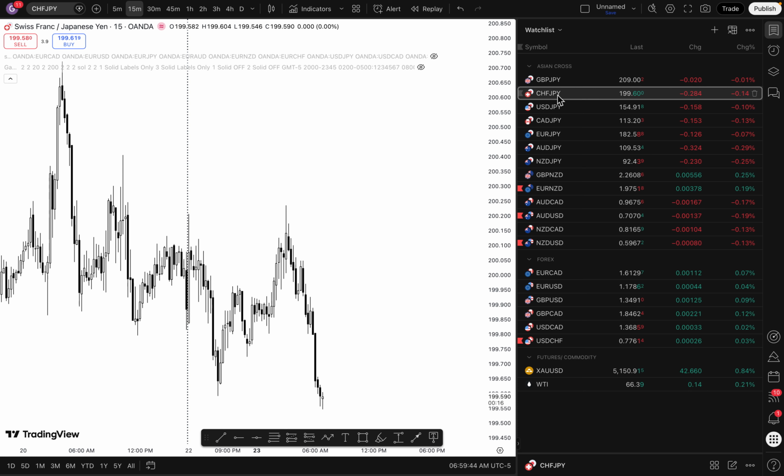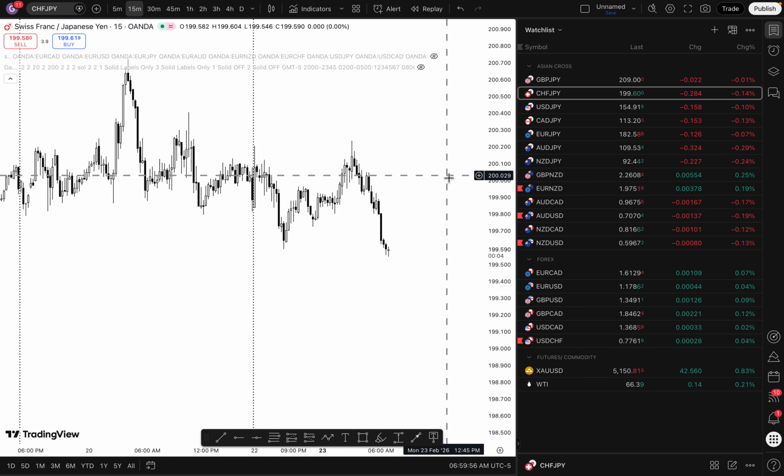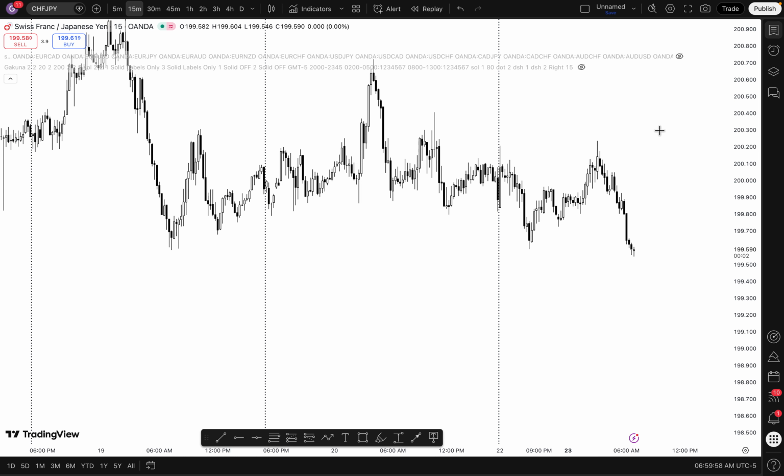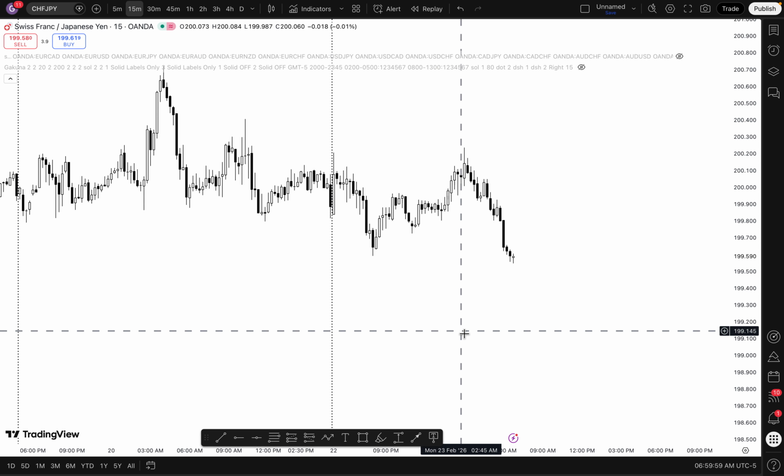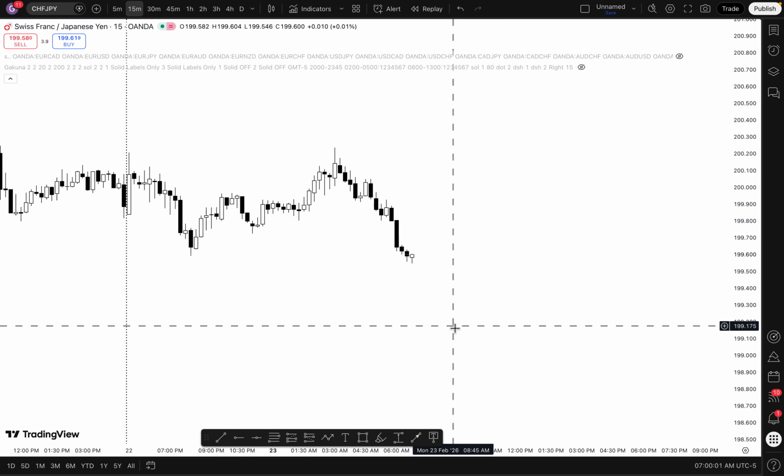They will move the market outside of the session to make you scared, doubt yourself, so that what you see there is maybe not what you think.